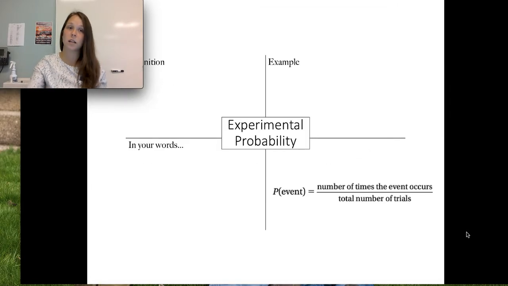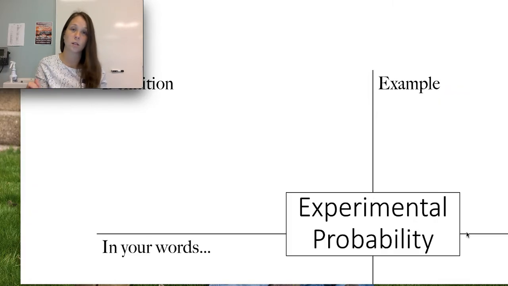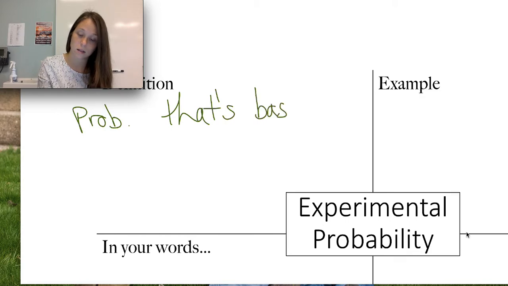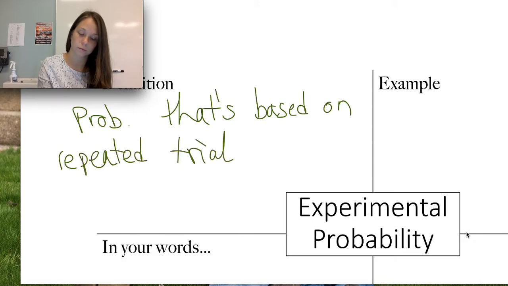A couple of definitions that we're going to be going through here. The first is experimental probability. So the definition of experimental probability is it's a probability that's based on repeated trials of an experiment.